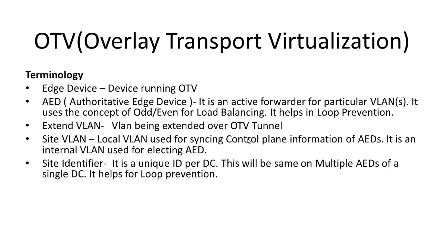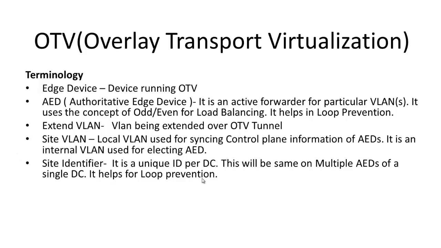Site identifier: it is unique per DC. Note that it is unique per DC. If you have more than one AED, all of the AEDs should have the same site identifier. It helps in loop prevention.